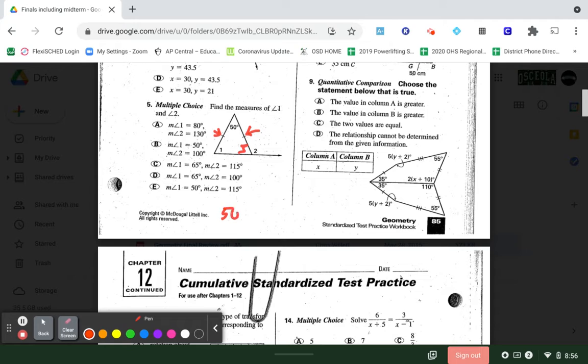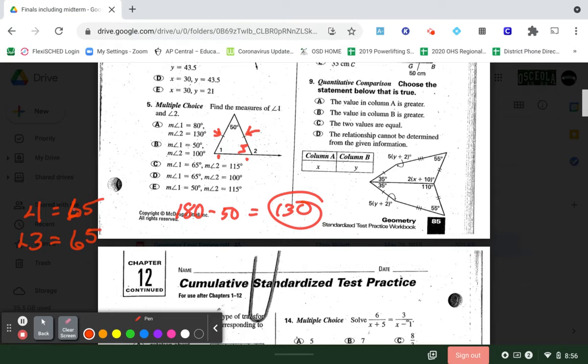That means 180 minus 50 is going to give me 130, and then that 130 has to get broken up equally between those two angles, angle 1 and angle 3. So angle 1 equals 65, angle 3 equals 65.